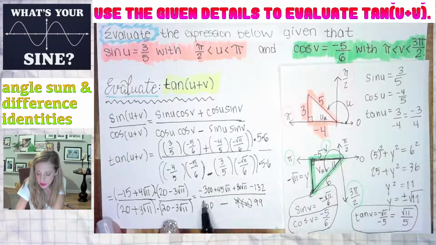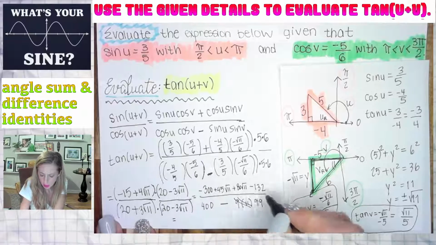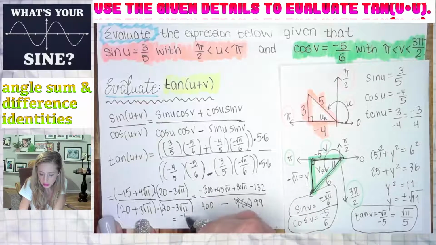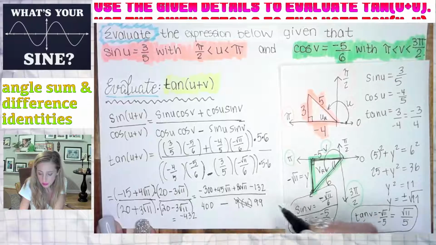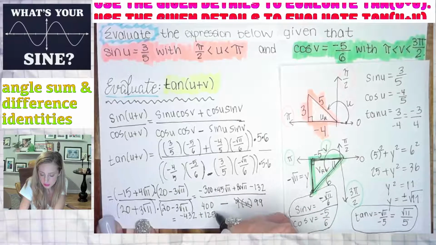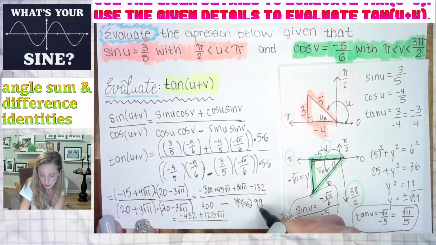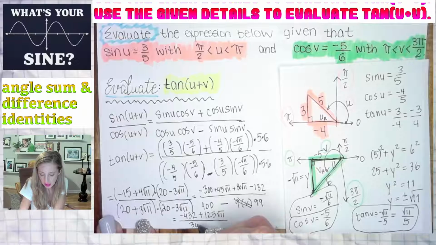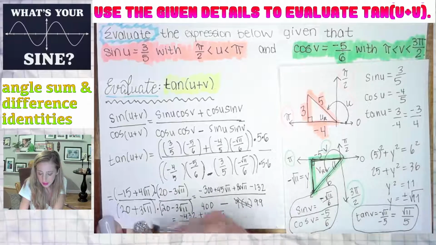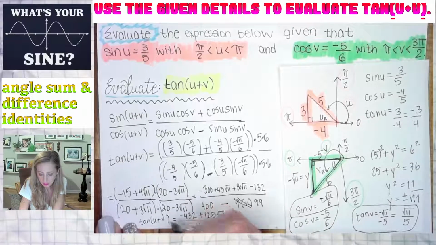Next, we're going to clean up a smidge more, and we will get negative 432 plus 125 root 11 all over 301. That is the tan of u plus v.